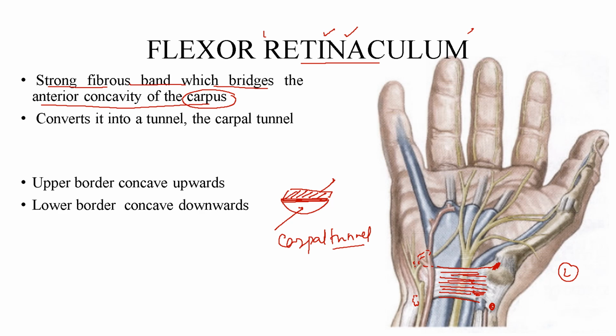When it is a tunnel, some structures pass through the tunnel, and some structures pass superficial to the flexor retinaculum, meaning they are not contents of the carpal tunnel.